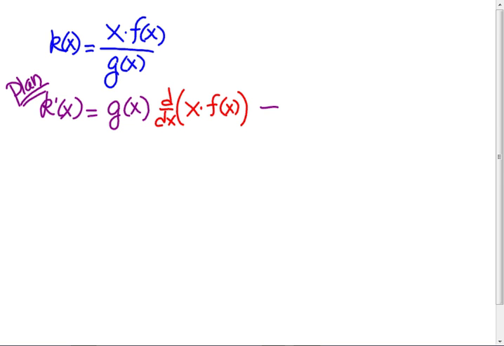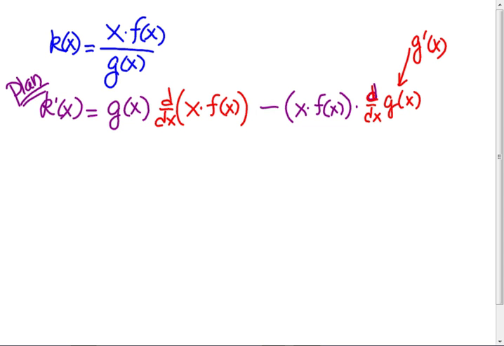Minus the numerator, which is x times f of x, times the derivative of the denominator. I'll also call that d dx of g of x. We call that what? G prime of x. You like G prime, it's shorter, but it doesn't seem to bother you like the d dx.